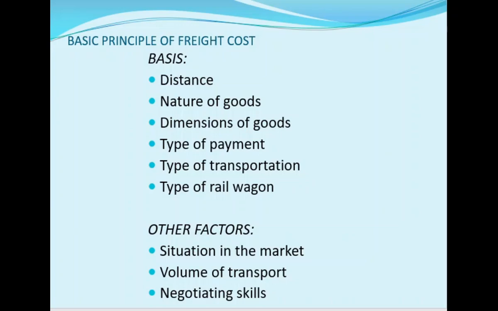So the tariff for such higher rail classes may be higher than the tariff of lower rail classes. So the type of transportation used would definitely affect the freight cost in many ways.